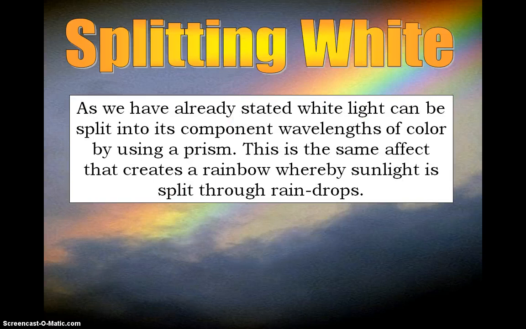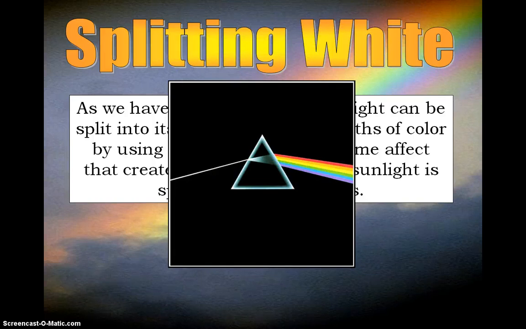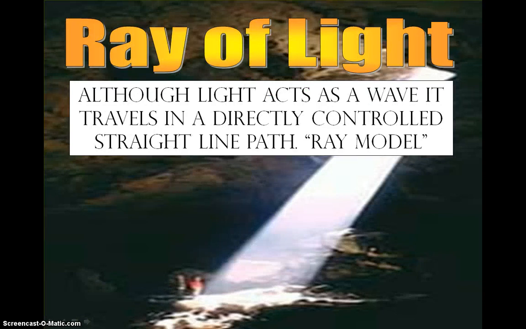And actually, Isaac Newton was the one who proved this idea by using prisms to split the light. And we'll actually look at prisms later in this unit and talk about how shining light through glass causes the light to bend, and therefore we can actually see the different colors because of the different wavelengths. Okay, so here's an example of a prism from the Pink Floyd album.